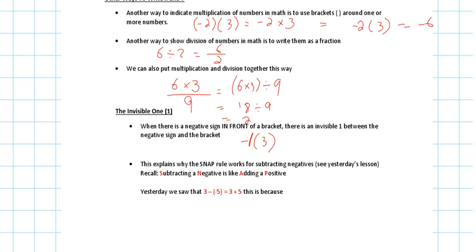A positive times a negative is? It's a negative, right? So that's going to be a -3. So this is the same thing. So if I write it like this, or like this, or like this, that's the same thing. Okay? So when you have a negative in front of the bracket, that's actually -1 multiplied by that number. Okay?